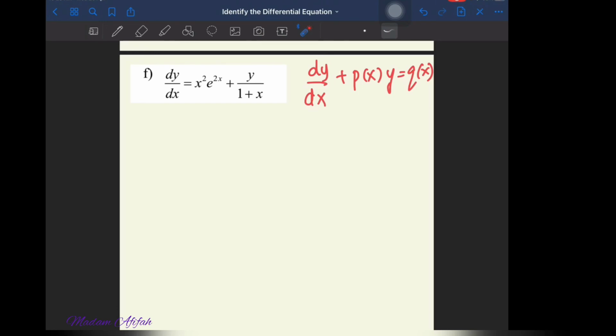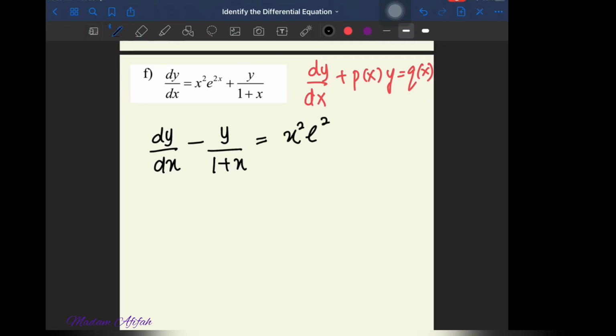So let us try to rearrange this differential equation and write in the form of linear equation. So you will have dy/dx minus y over (1 plus x) is equals to x squared e^(2x). So clearly this is a linear equation.